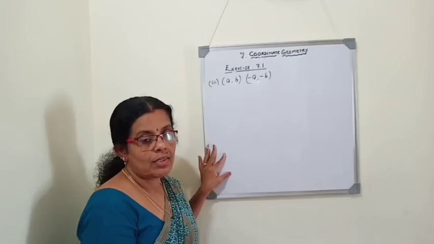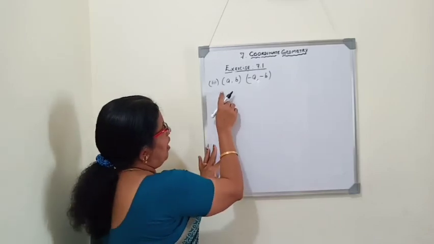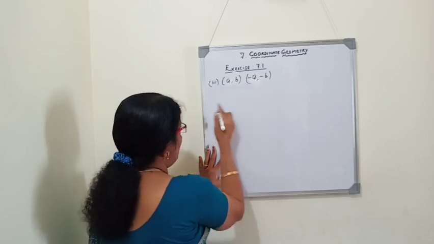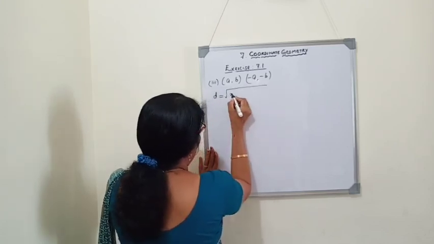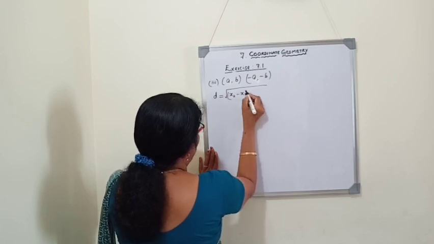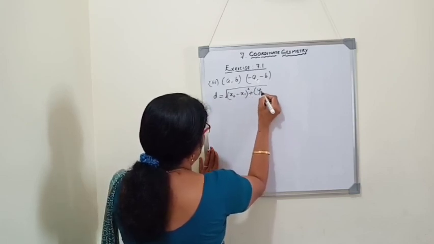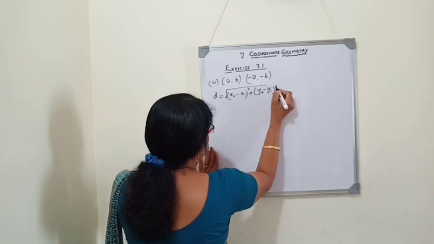Third question is a, b and minus a, minus 1... So d equals square root of x2 minus x1 the whole square plus y2 minus y1 the whole square.